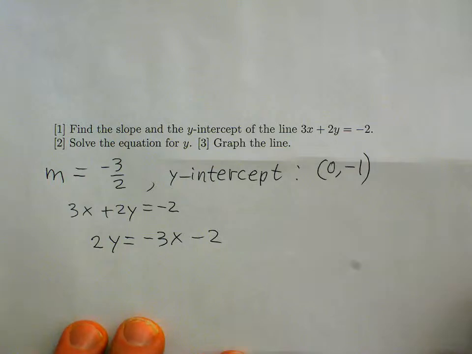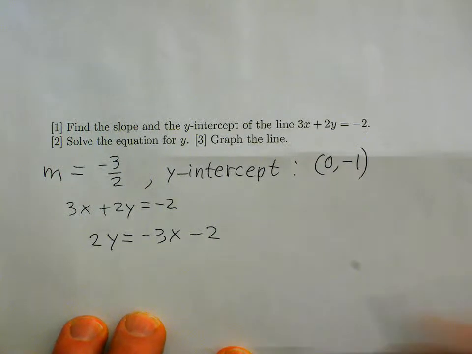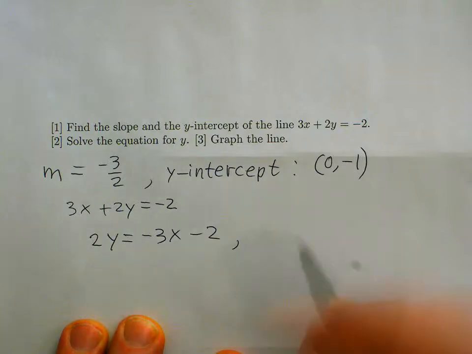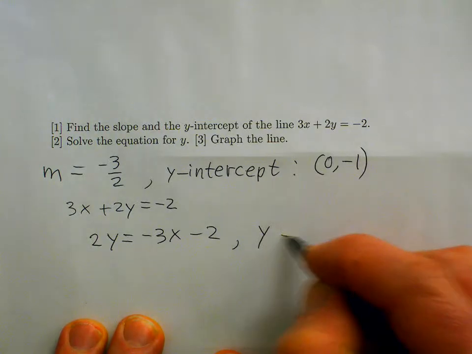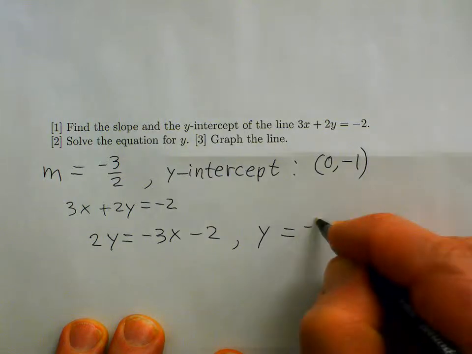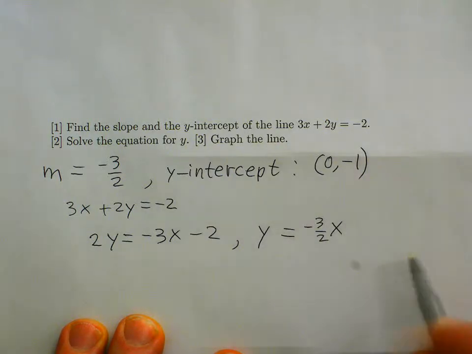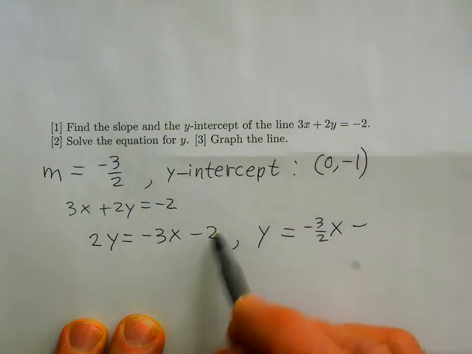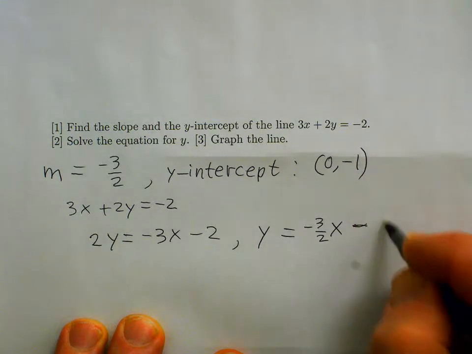Then divide every term on both sides by 2. 2y divided by 2 is y. Negative 3x divided by 2 is negative 3/2 x. And then minus 2 divided by 2 is 1.